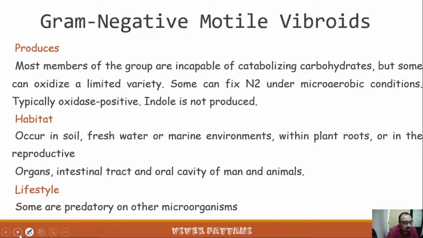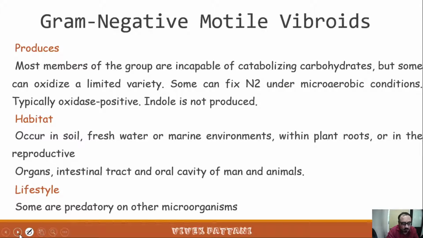As they grow in aerobic conditions, most members of these groups are incapable of catabolizing carbohydrates, but some can oxidize a limited variety of carbohydrates. So there are a variety of carbohydrates, but they can use only limited ones. And under microaerobic conditions, they can also fix nitrogen directly from the environment.